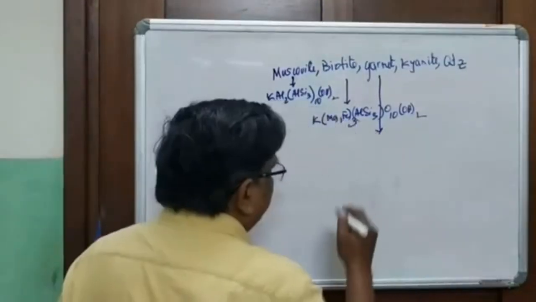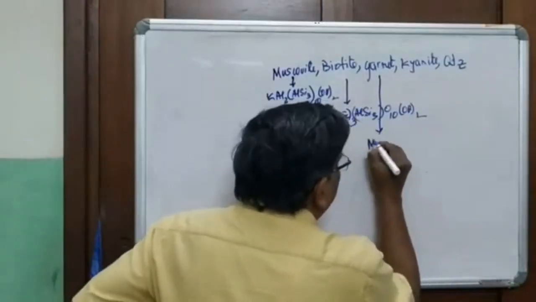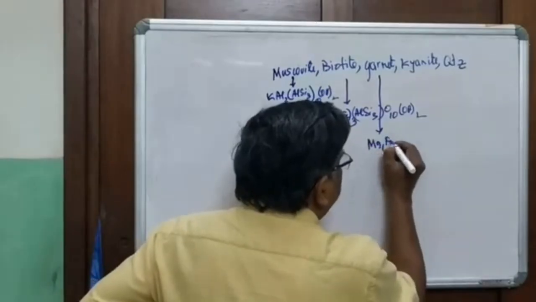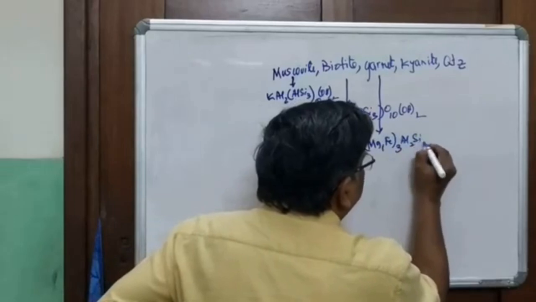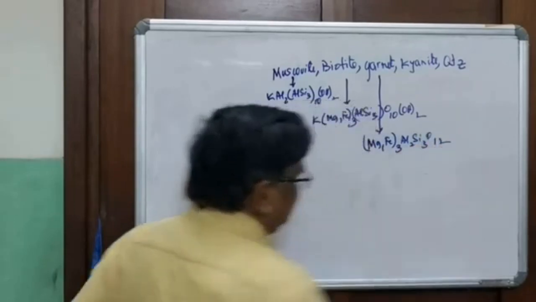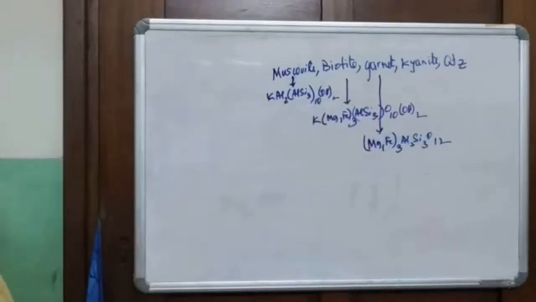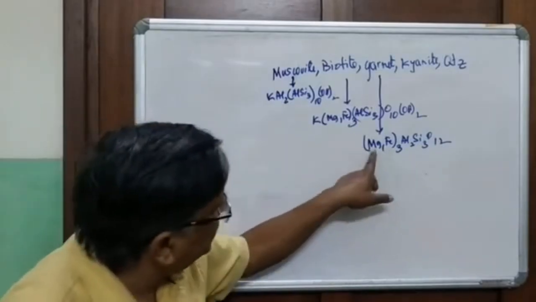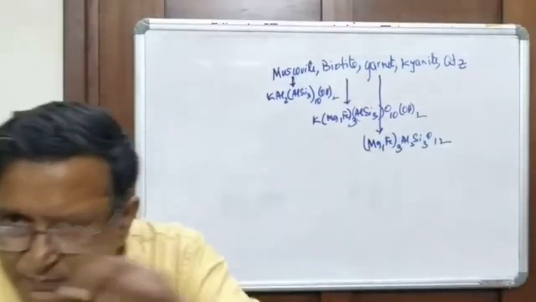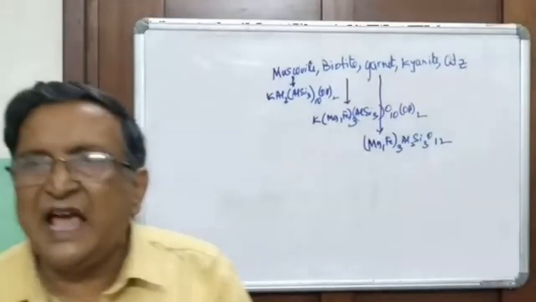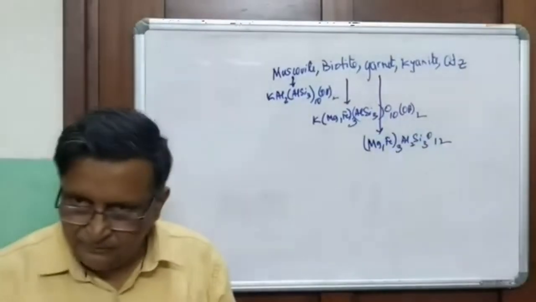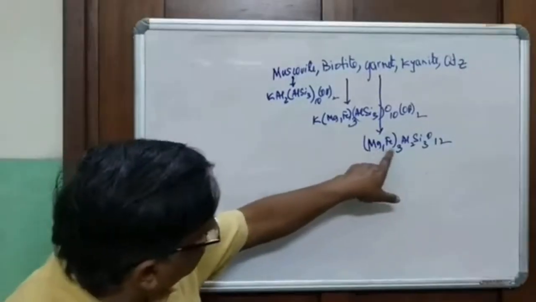There's already a complexity here. Let's say it's (Mg,Fe)3Al2Si3O12. This is a very simple garnet. Mg3Al2Si3O12 is pyrope. Fe3Al2Si3O12 is almandine. So, we have pyrope and almandine.